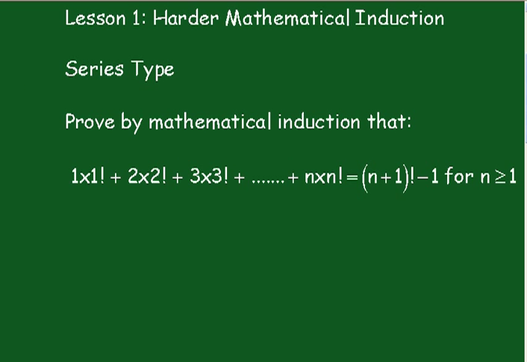Now what we'll do, we'll start off and prove it true for n equals 1. So for n equals 1, the left-hand side is obviously just 1. The right-hand side is equal to 2 factorial minus 1, which is, of course, 1, which equals the left-hand side.